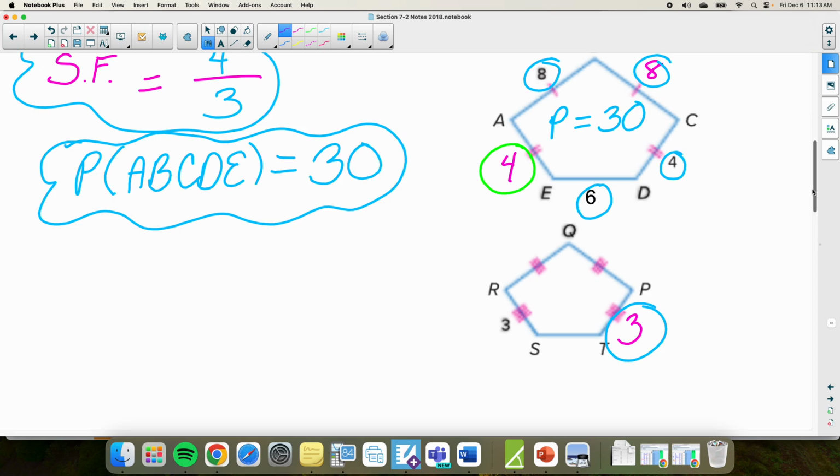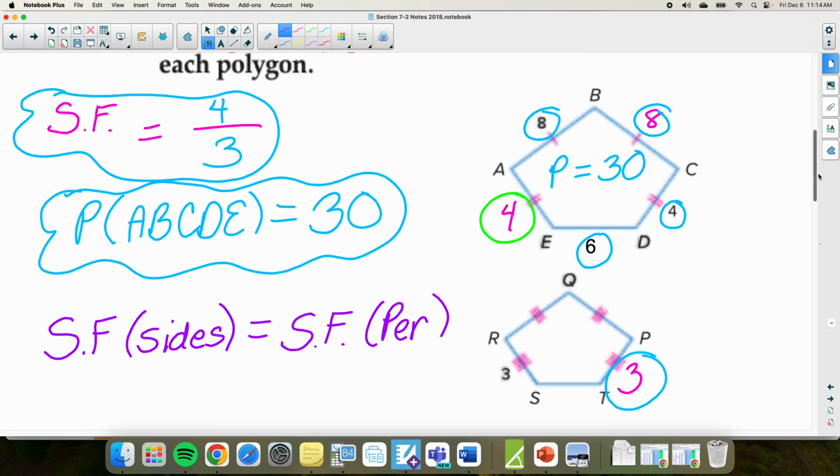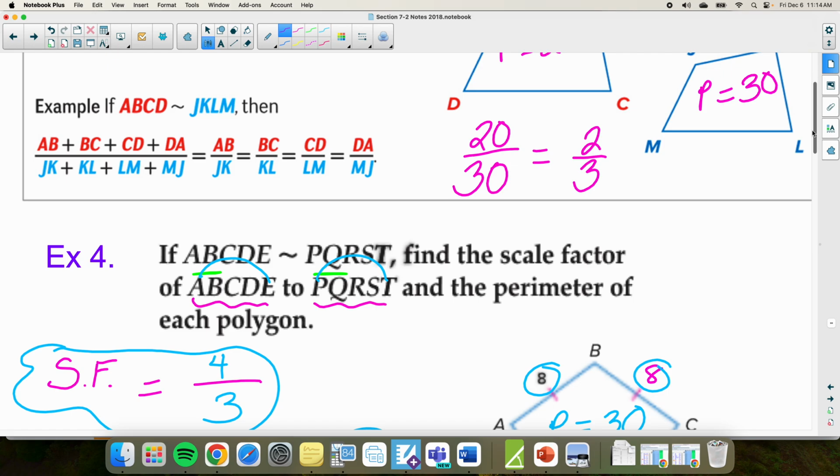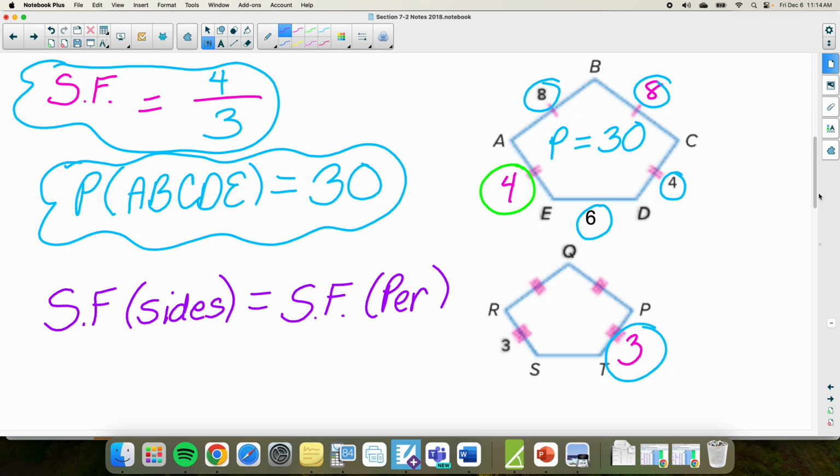The other way that you can do it, if you want to, is that your scale factor of your sides is going to equal the scale factor of the perimeters. That is what this theorem says. So we know that the scale factor of our sides is 4/3.